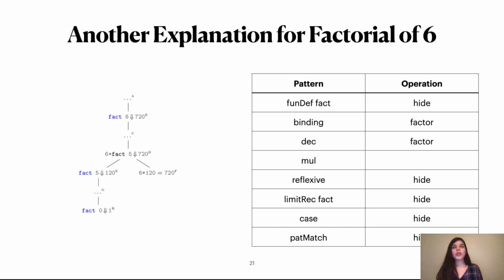Because two different users have different levels of expertise, and so what can be trivial for one user may not be trivial for another user. And so our approach provides that flexibility and that complete control to the user over what to include in the explanation and what not to include.